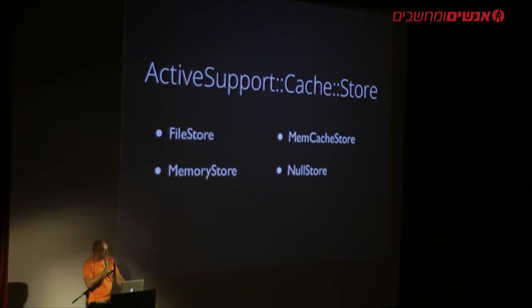File store and memory store have the same problem as page caching. You cannot invalidate data on another node. So memcache store is probably the store that you're going to use. Usually when someone is talking about Rails caching, they usually mean memcache store.